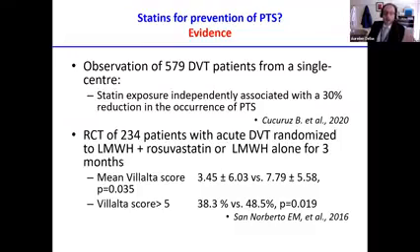It was powered to determine a difference in biomarkers, but they observed as secondary and clinical outcomes that their patients on statin had a lower mean Villalta score as compared with those on low molecular weight heparin alone. And patients with post-thrombotic syndrome after 3 months of treatment were less frequent when they received rosuvastatin as compared with no rosuvastatin. So fuel for ideas, fuel for trials.